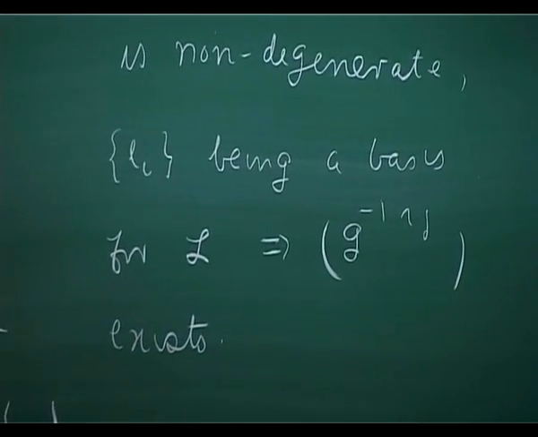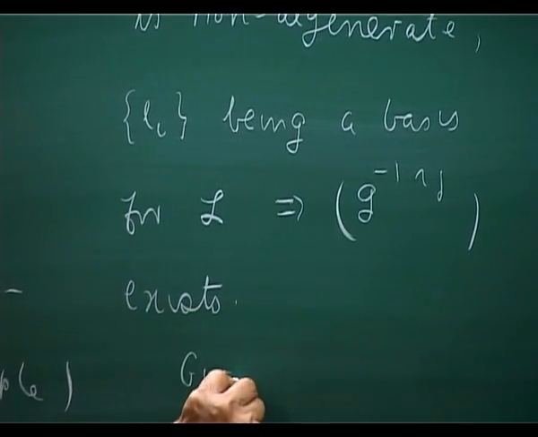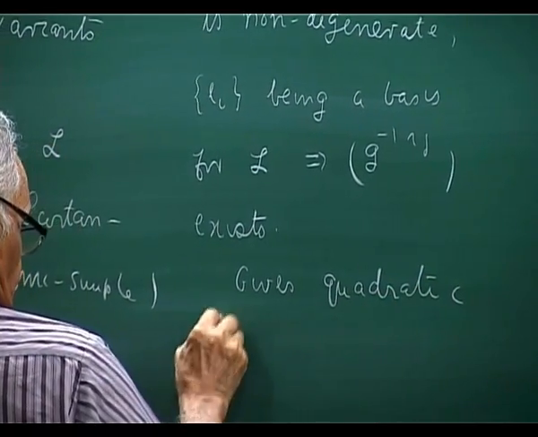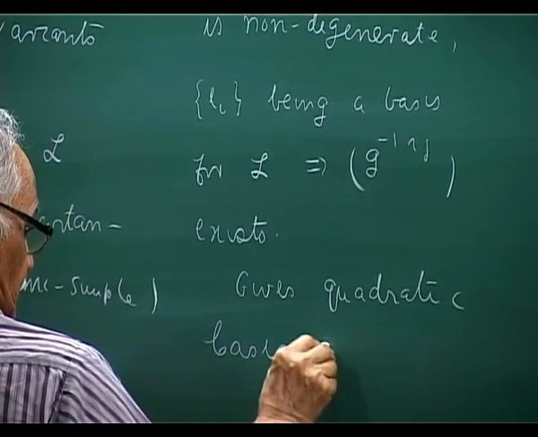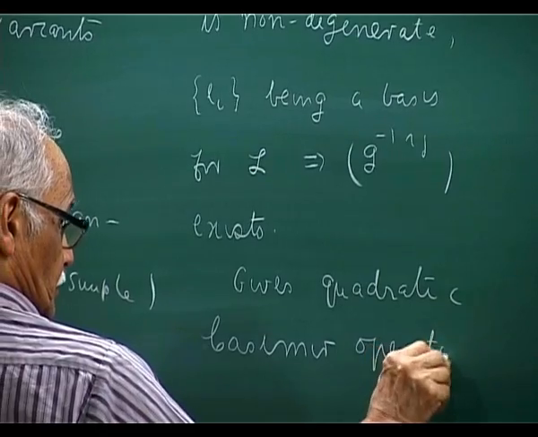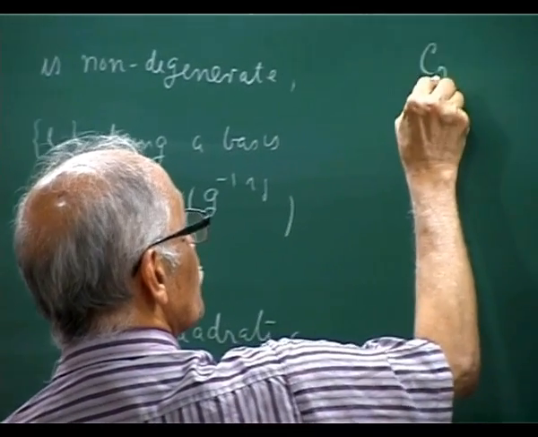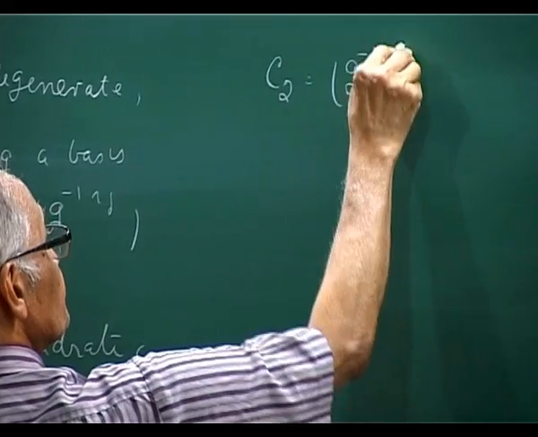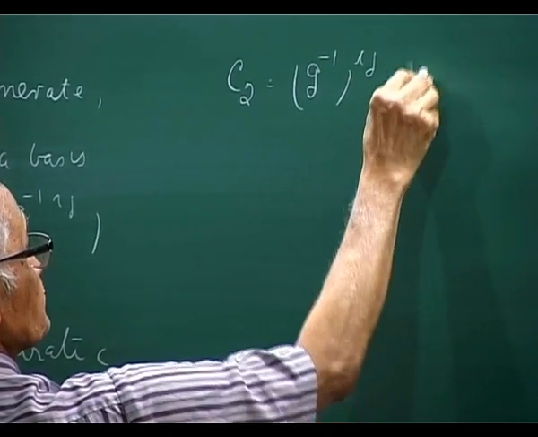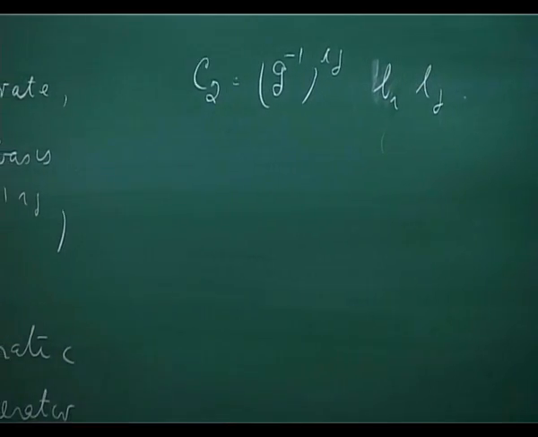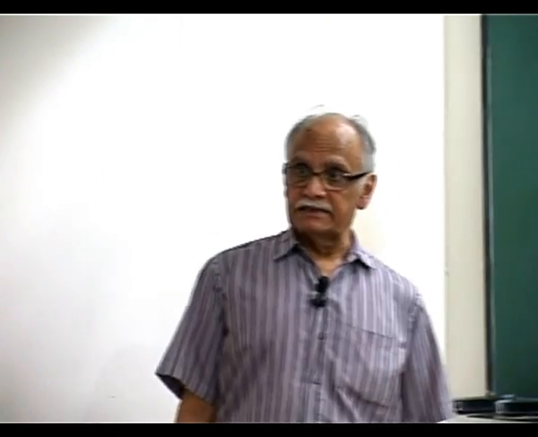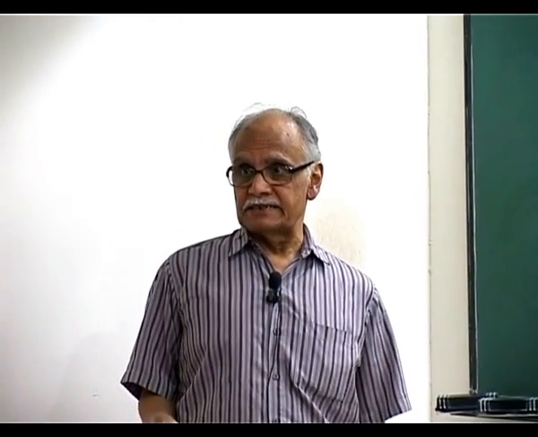So from here you could construct a quadratic Casimir operator, let me call it C2, which is g inverse ij times L_i L_j. This commutes with all the elements of the Lie algebra, so it becomes a multiple of the identity in any irreducible representation, so it can be used to label the irreducible representation.